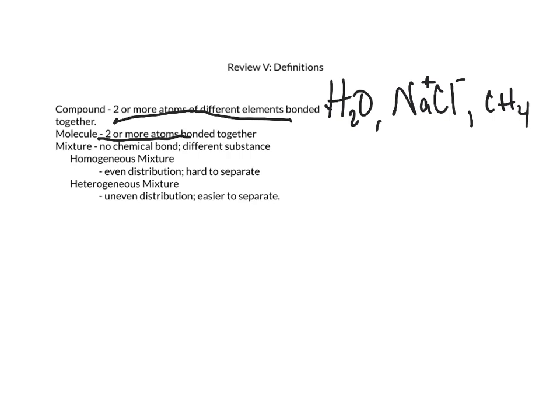However, if I were to talk about something like O2, or N2, those are 2 atoms that are bonded together, but they're going to be the same element. Now, keep in mind, all of these that we mentioned here are also molecules. So molecules are kind of the more broad term.